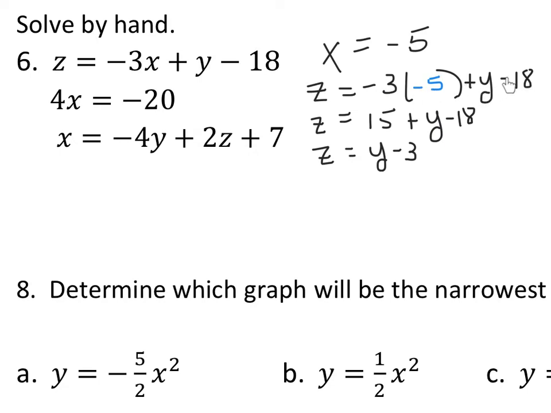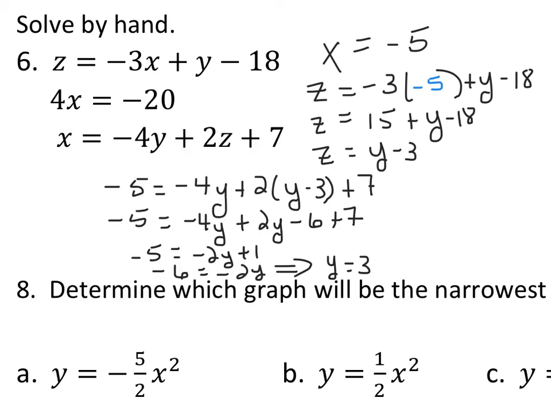And I simplified this, and when I simplified it, I got z equals y minus 3. Now I can take this y minus 3 and plug it into this equation. I can also plug in my -5 for x. And when I do that, I can eliminate 2 of my variables and then just be left with the y variable, and then I'm going to solve for that.